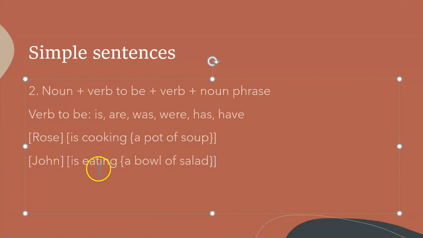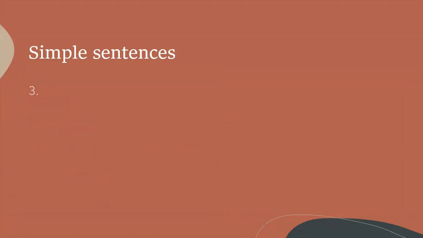Now let's look at the third way of writing a simple sentence. The third way to write a simple sentence is you have a noun. Remember, you always start with a noun, and then you have a verb, and then you have an adjective. So now let's look at how this sentence works.